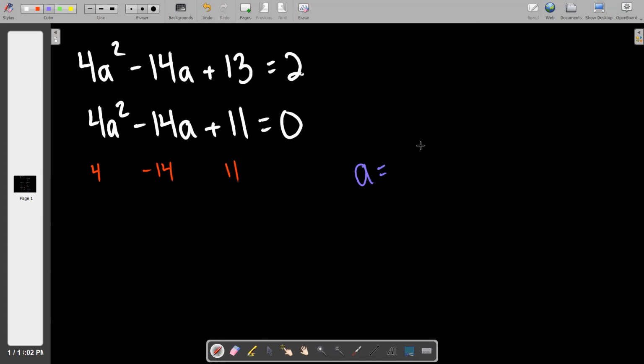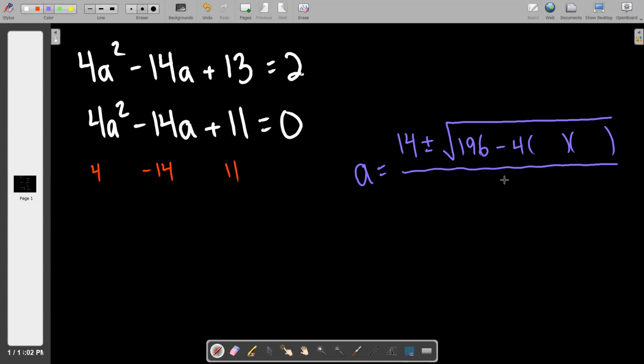What goes first? Nice. Plus or minus the square root of, nice job, minus 4 blank blank. And then on the bottom, I have to do 2 times a, which is, no, it's 2a. So 2 times 4.